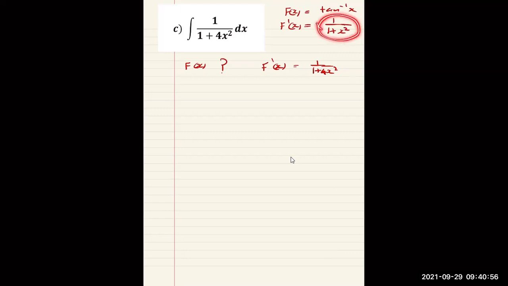But this looks almost like this one, except for the fact that we have a 4 here. But this formula does not give a 4 here. That's the problem. Okay. Is there any way that we can get a 4 here?